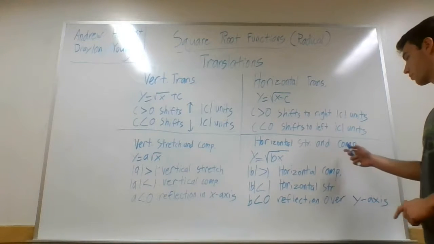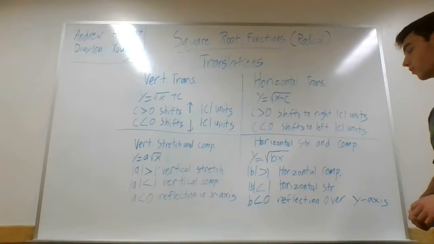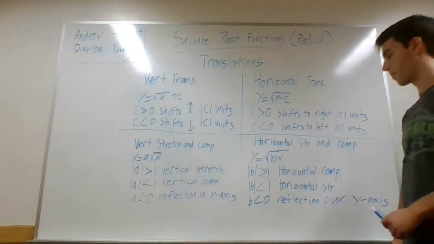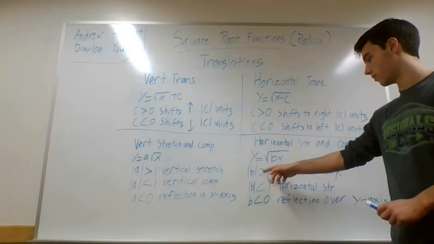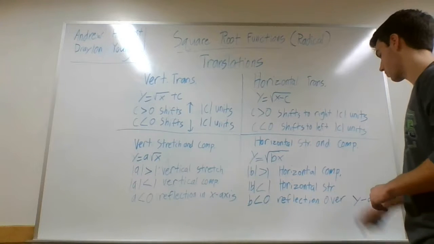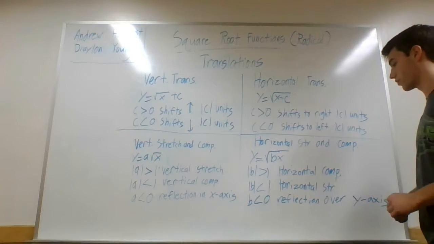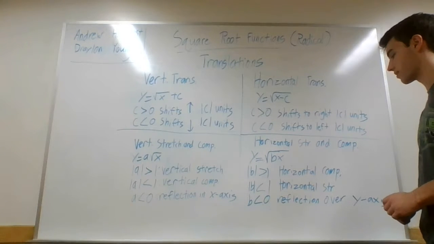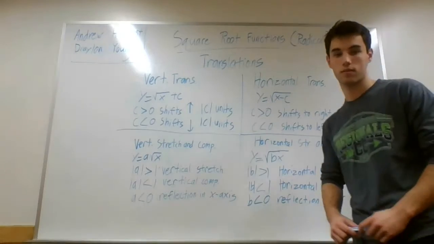And then horizontal stretch and compression, this would be y equals the square root of b times x. For horizontal compression, if the absolute value of b is greater than 1, then that's horizontal compression. And if b is less than 1, then it's horizontal stretch. And if b is less than 0, then there's a reflection over the y-axis.